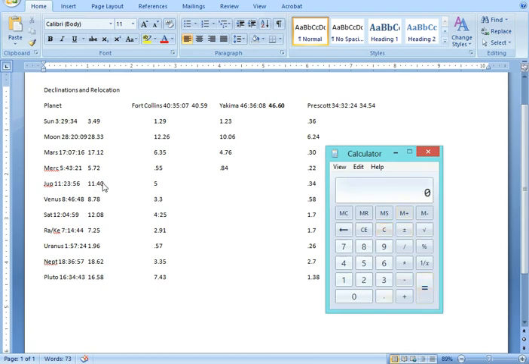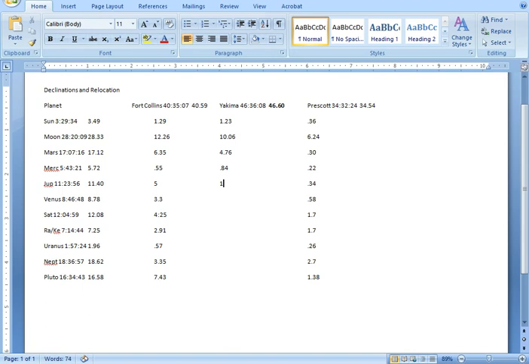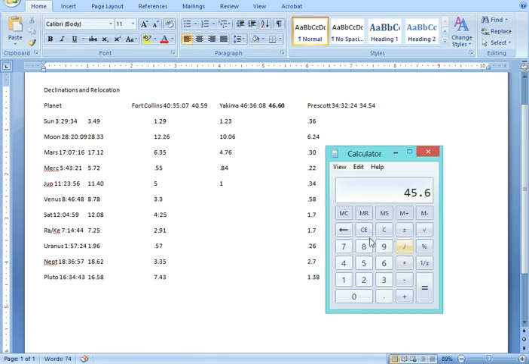Jupiter at 11.40 will be about 4 times. So 11.4 times 4 equals 45.6. So Jupiter's 1 degree away. Venus at 8.78 will be about, let's see, 5 times 8.78 brings us to 43.9. That's pretty close.